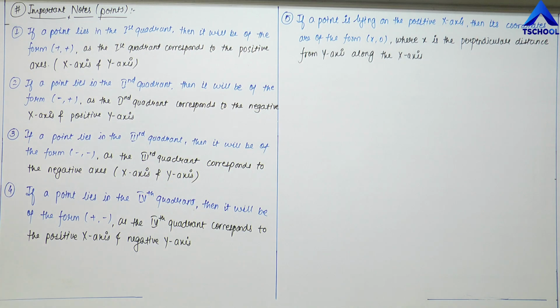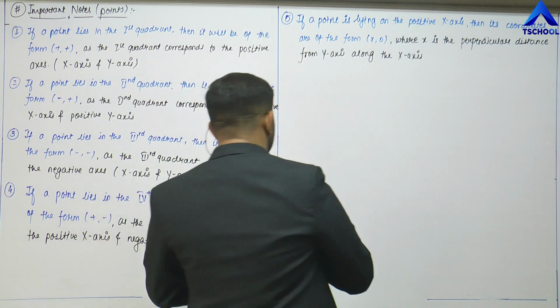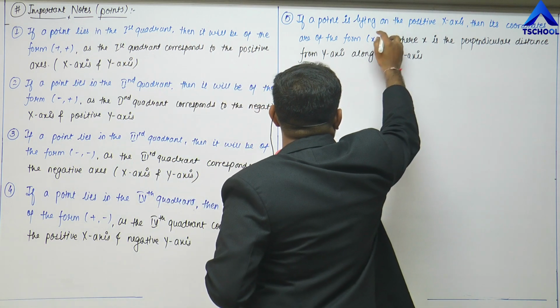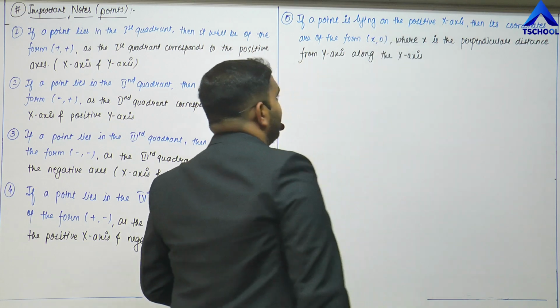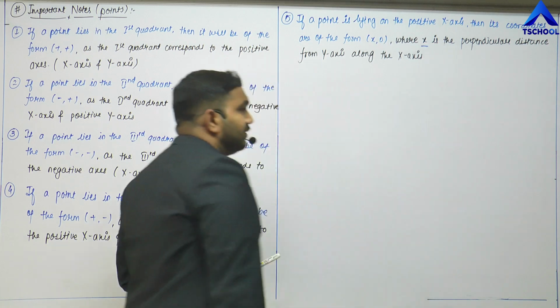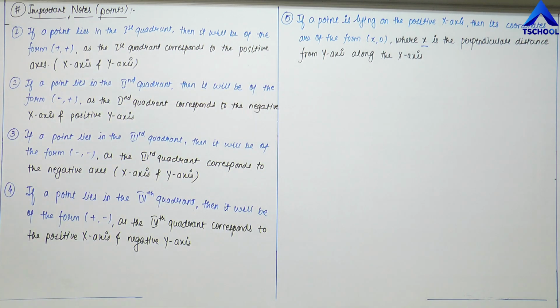Friends, this is written x comma 0, right? This will be of the form x comma 0, where x is the perpendicular distance from the y-axis along the x-axis.